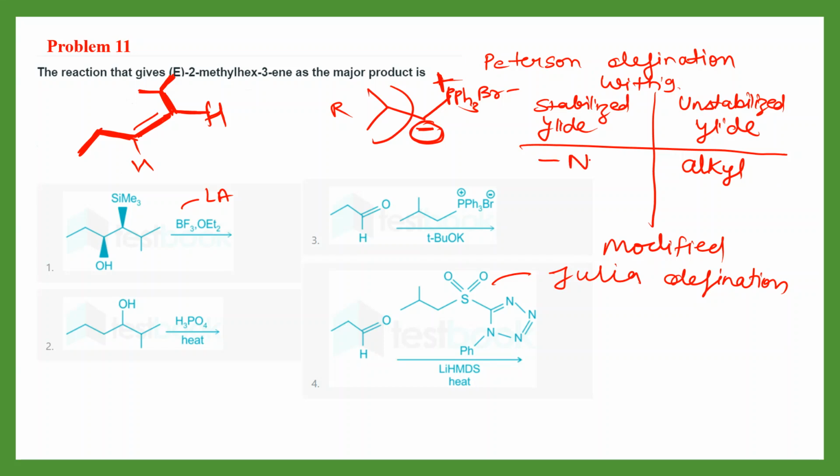Here what group will come? NO2, CN, CHO. Understood, students? Stabilized ylides and unstabilized ylides. Good. Now you just remember, in stabilized ylide, E alkene forms, and in unstabilized ylide, Z alkene forms.